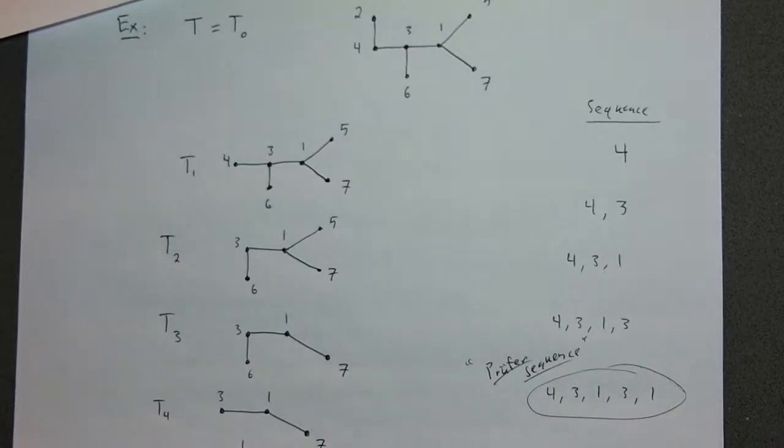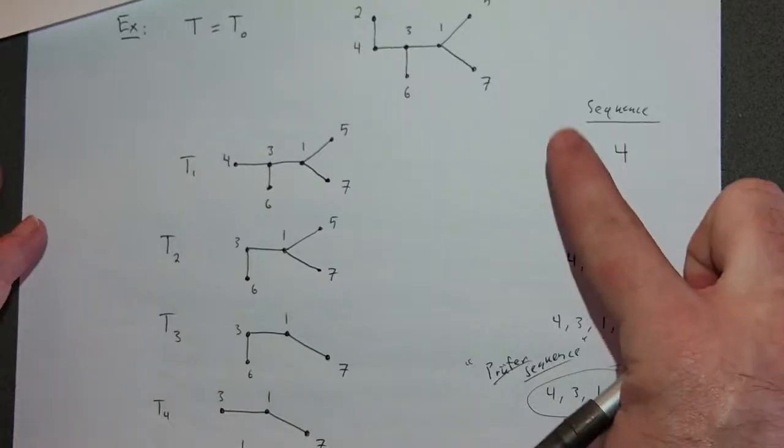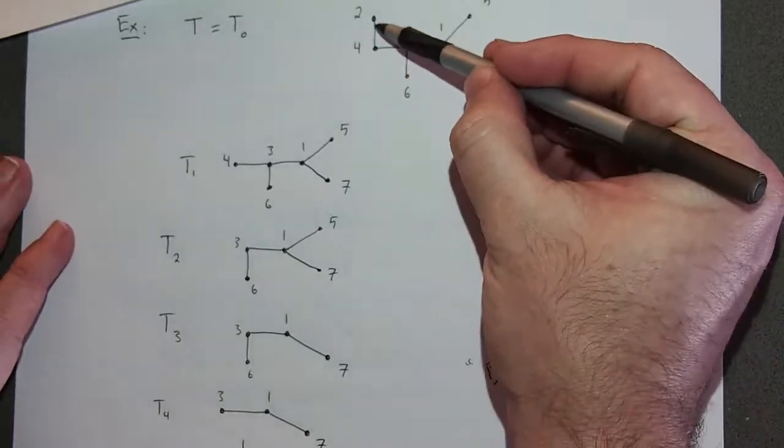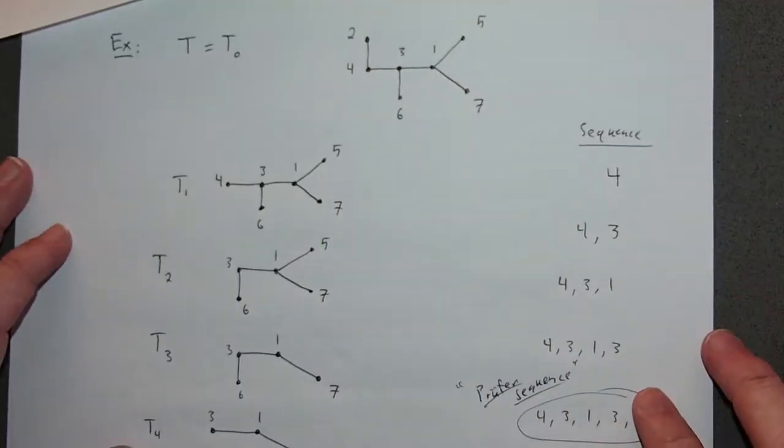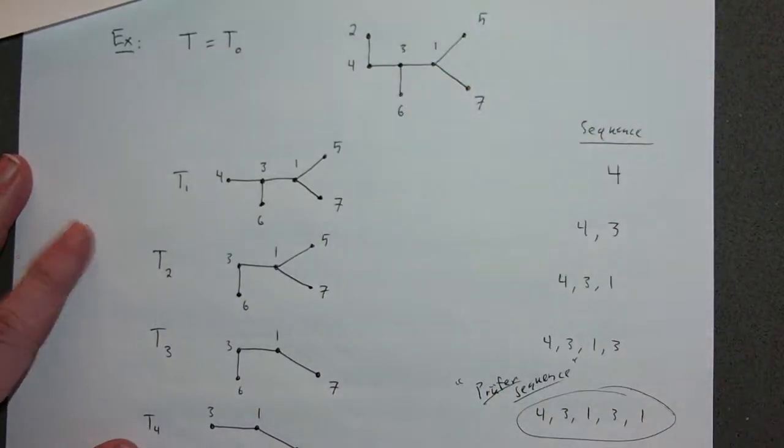So the question: how do I go in the other direction? Here is one question, and you're going to investigate this. Notice, in the original tree, do any of the leaves show up?